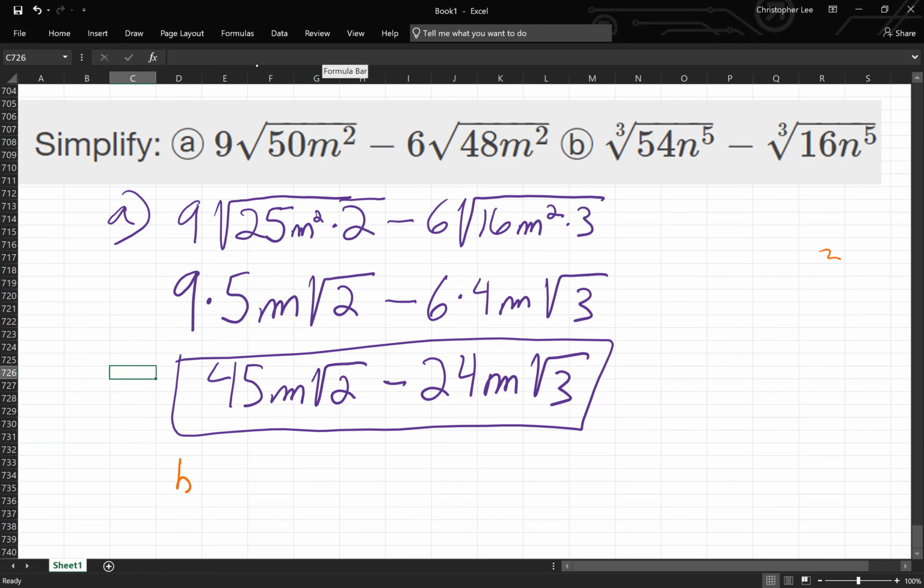Let's look at B. I have the cube root of 54 n to the fifth power minus the cube root of 16 n to the fifth power, right?